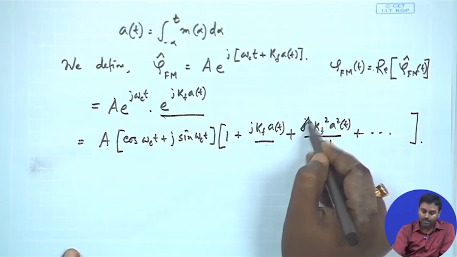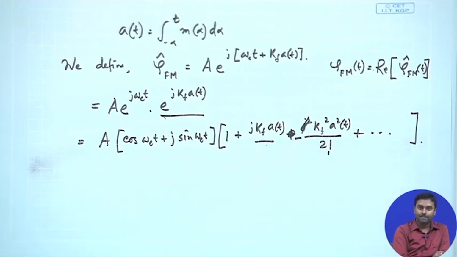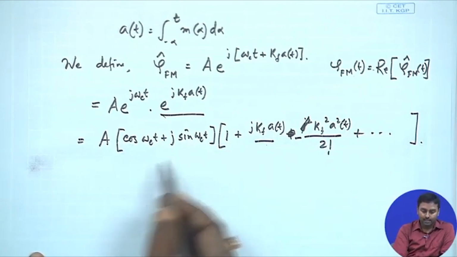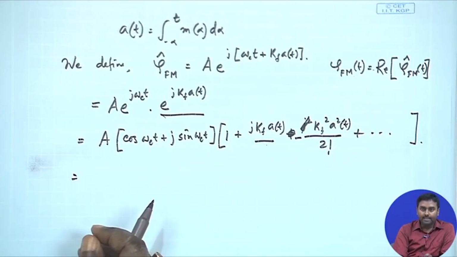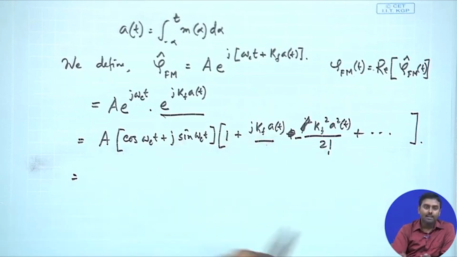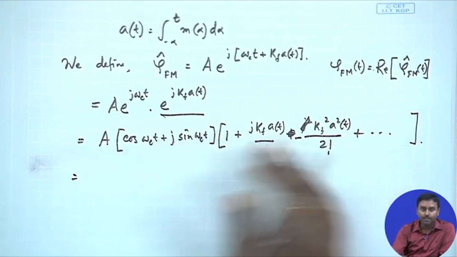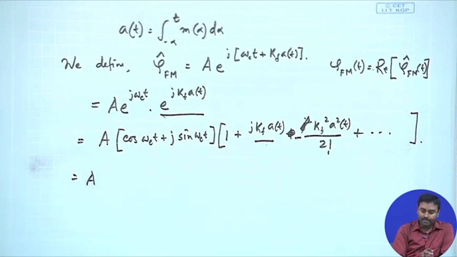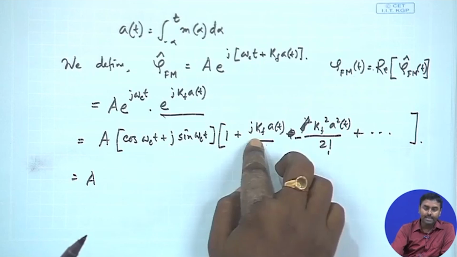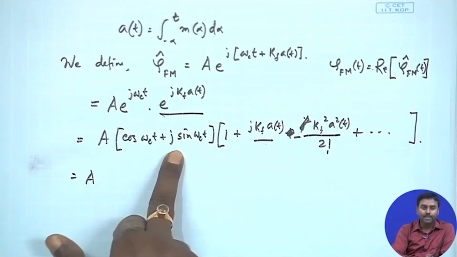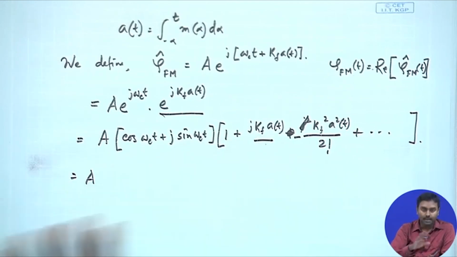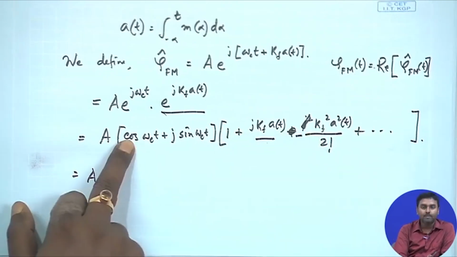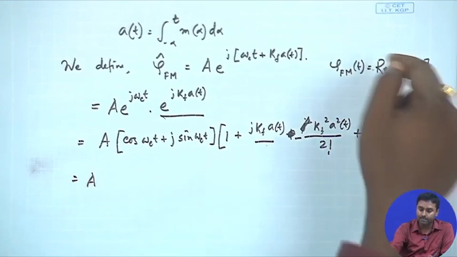Here it will be just j square, so I can put that as minus. Therefore, whenever I write this, I can take the real part of this multiplication. Wherever the j term is there, that should be multiplied with sine, and wherever there is no j term, that should be multiplied with cos omega_c t.